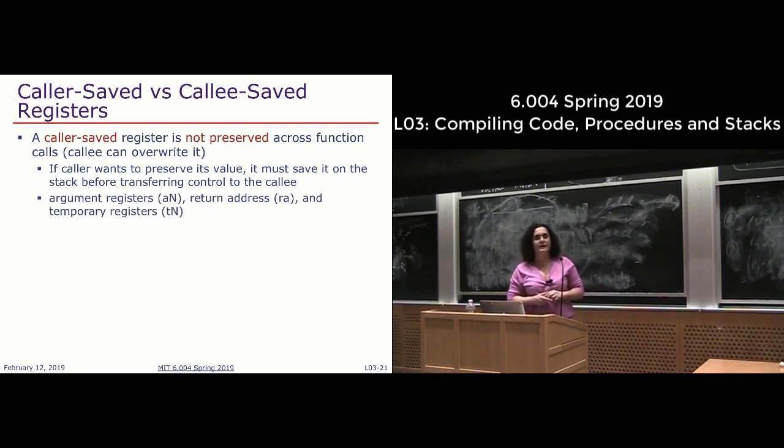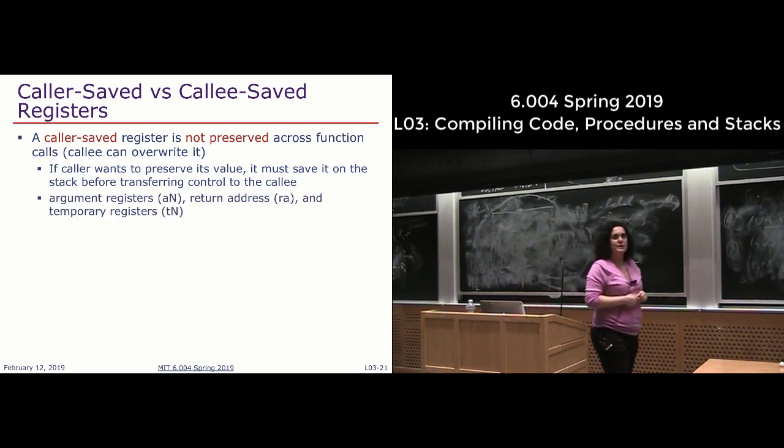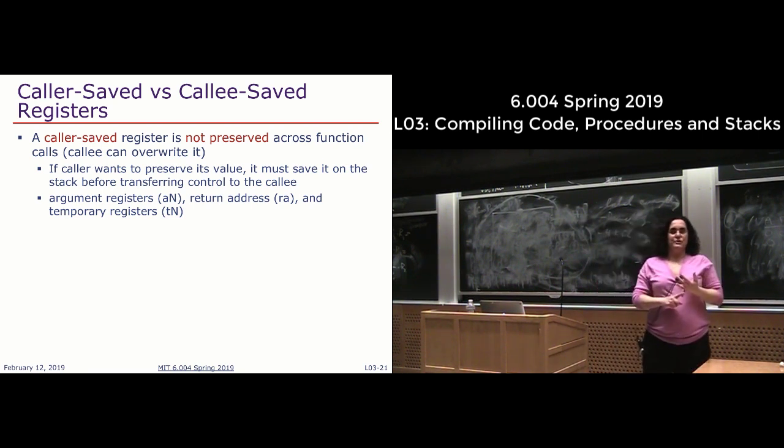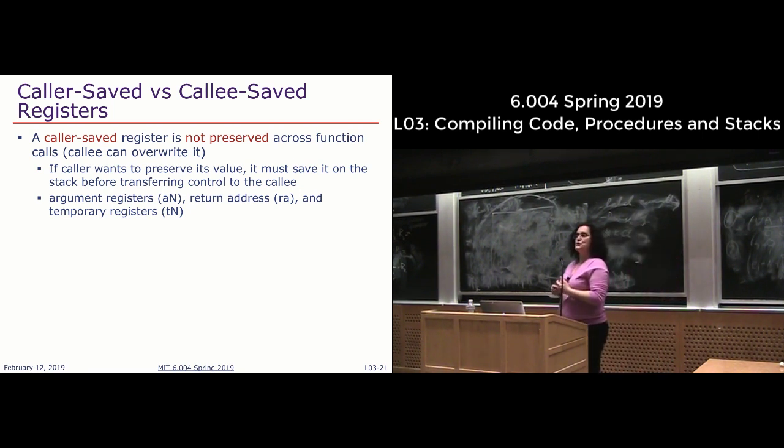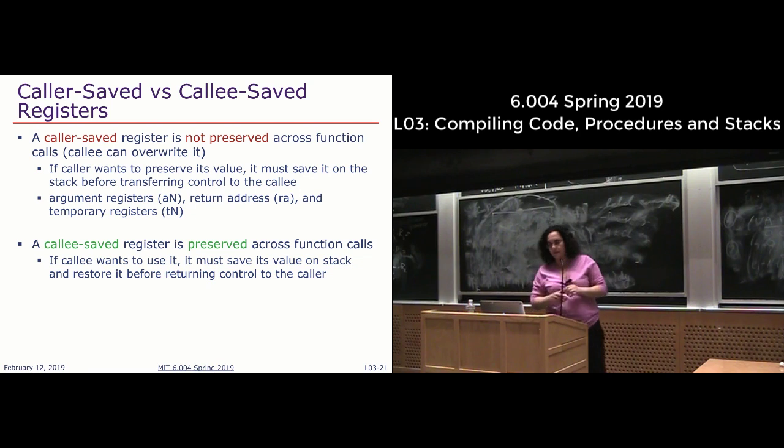And so what are examples of these registers? So my argument registers, my return address register. All of these are registers where I cannot assume that the procedure that I'm calling is not going to overwrite those values with something else. So if I need those values upon return from the procedure, I need to make sure to save them onto the stack.